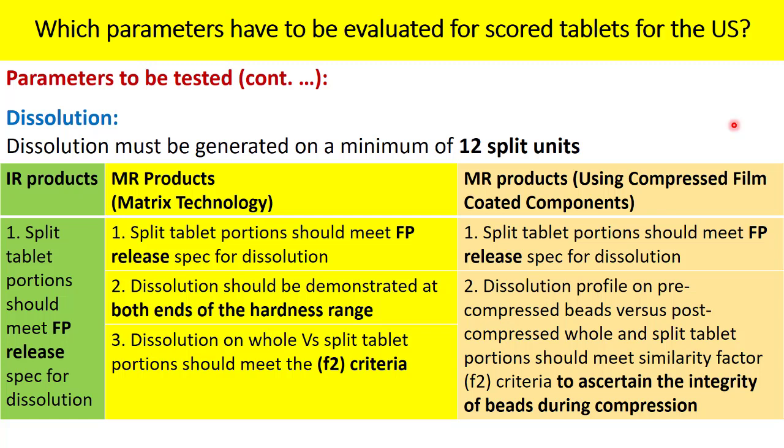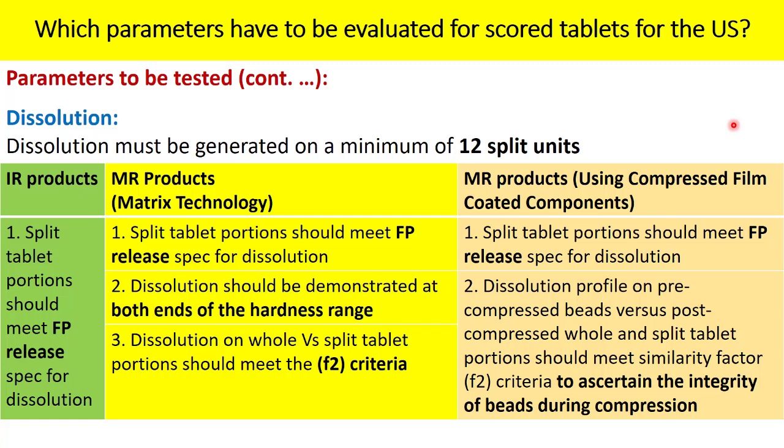So then compare the release profile of your compressed beads against the pre-compressed beads and calculate the F2. In the second experiment, you calculate the F2 for the split tablet portion against the pre-compressed beads. So two F2 values have to be generated.